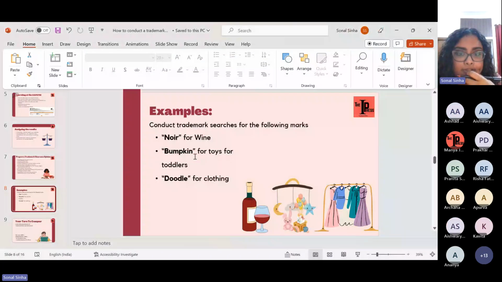The other one is Pumpkin for toys for toddlers, right?